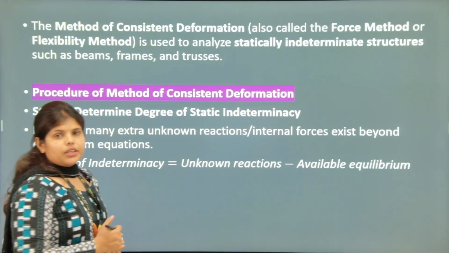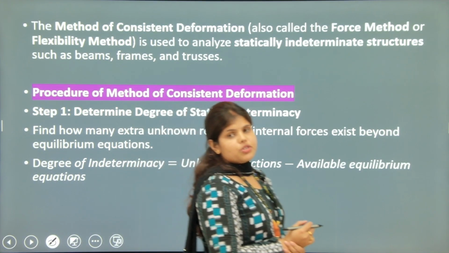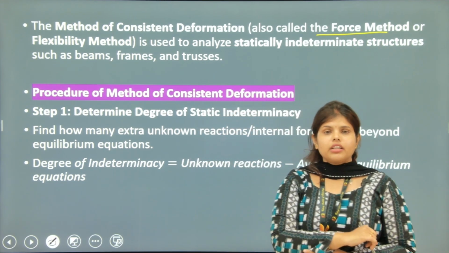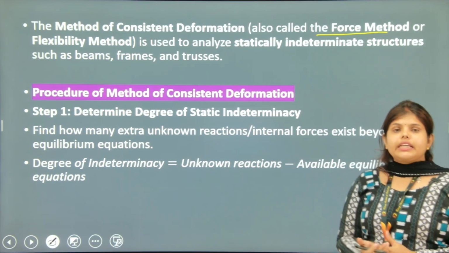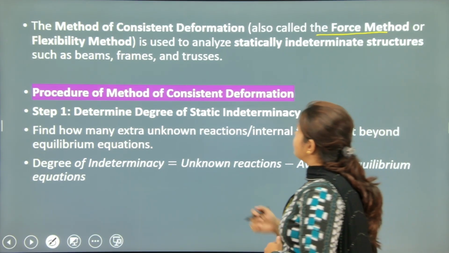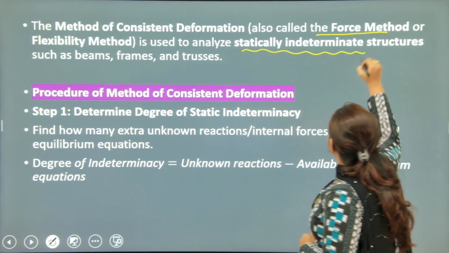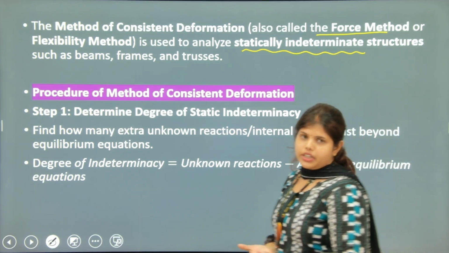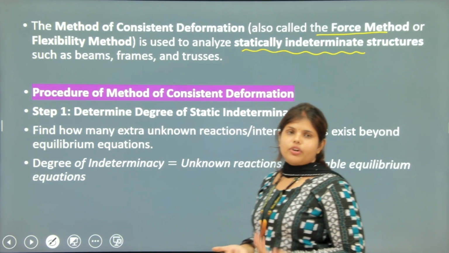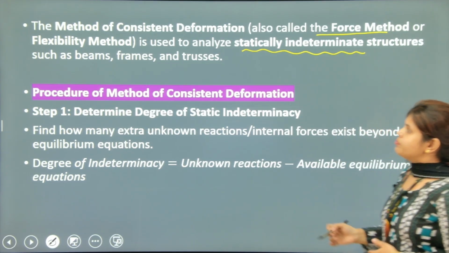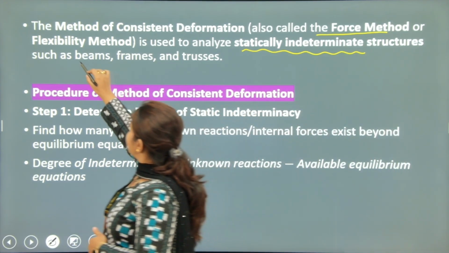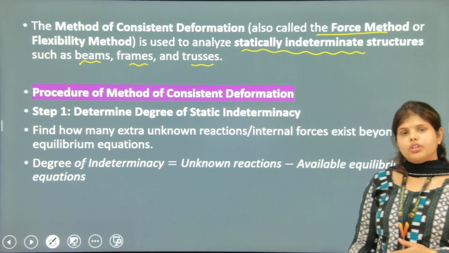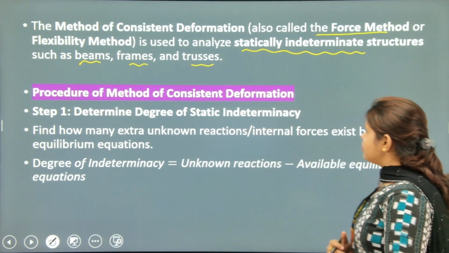The method of consistent deformation, as I said already, is also called the force method and flexibility method. It is used to analyze the statically indeterminate structure. How to know determinate or indeterminate, I have already discussed in our previous class. The structure must be a beam, frame or truss.